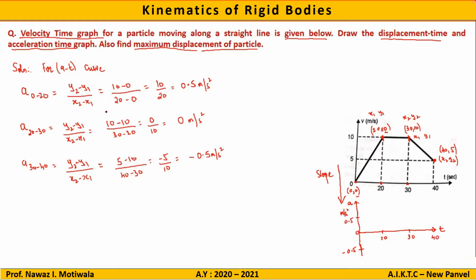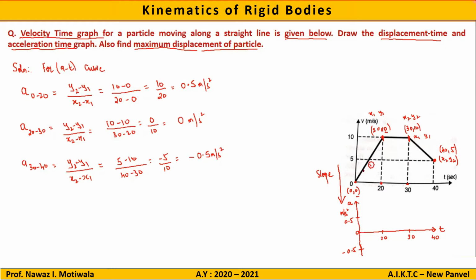Now what we got is that the acceleration between 0 to 20 is 0.5 meter per second square. We have also said in the previous discussion, if you see here, the slope of this line has a degree 1.